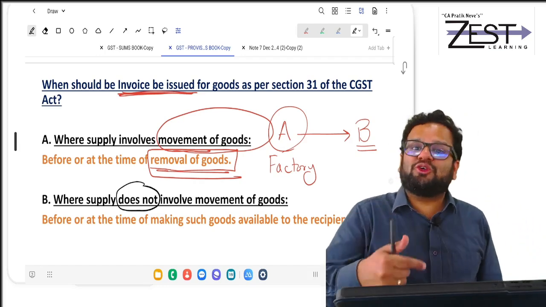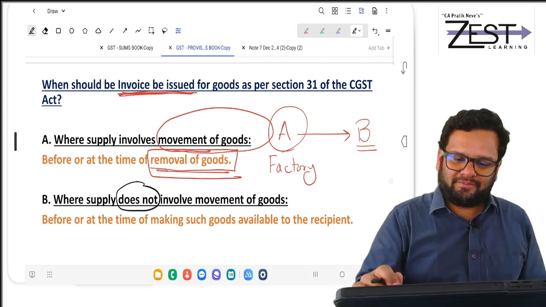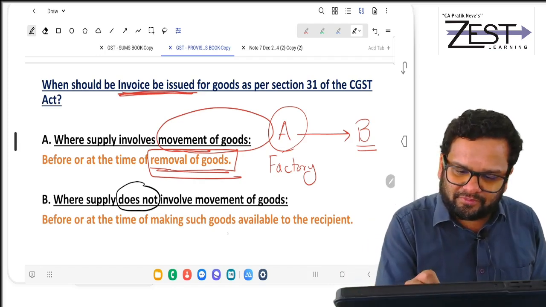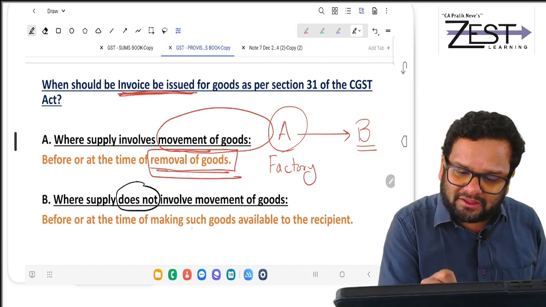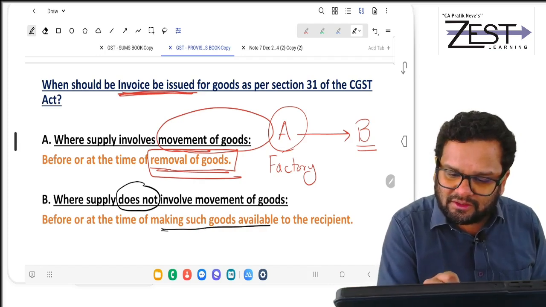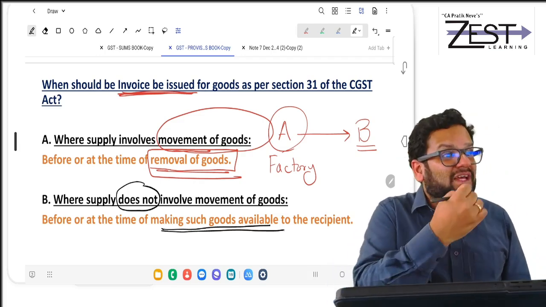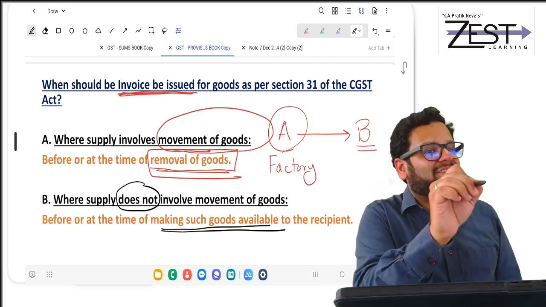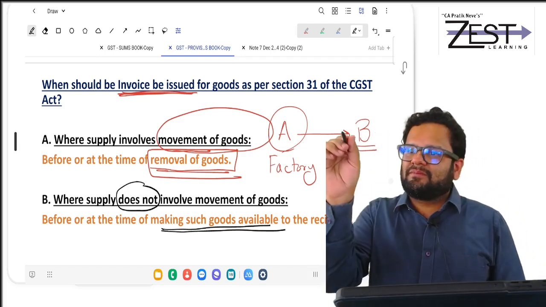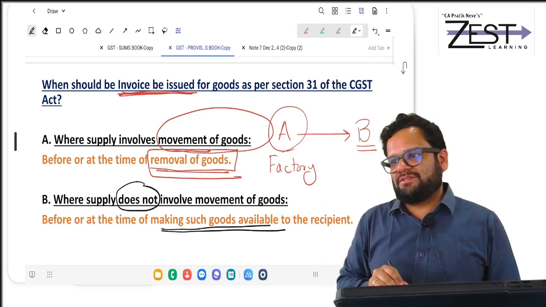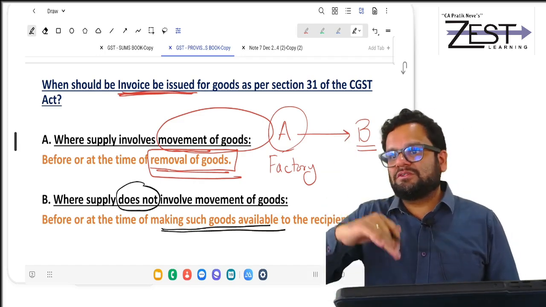So in that case, when to make invoice? Make invoice before or at the time of making such goods available. When you are making the goods available, when you are giving its access to the recipient, at that time make the invoice. See, if you make it before, government is happy.